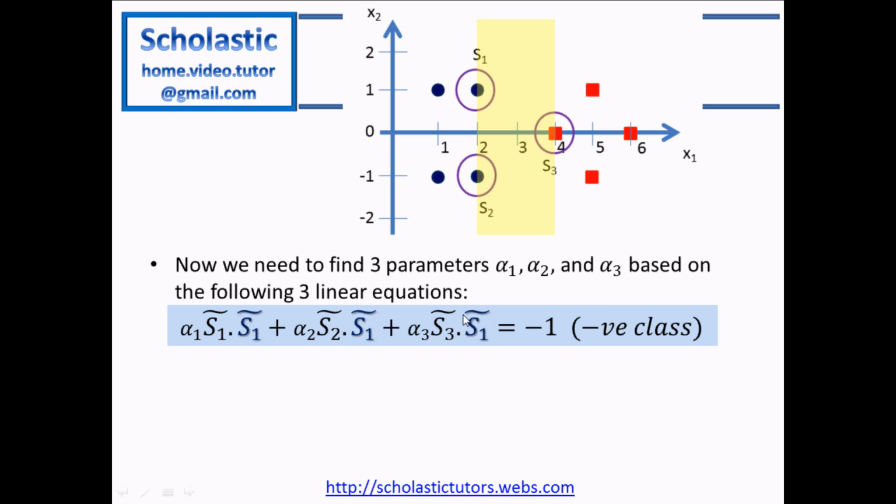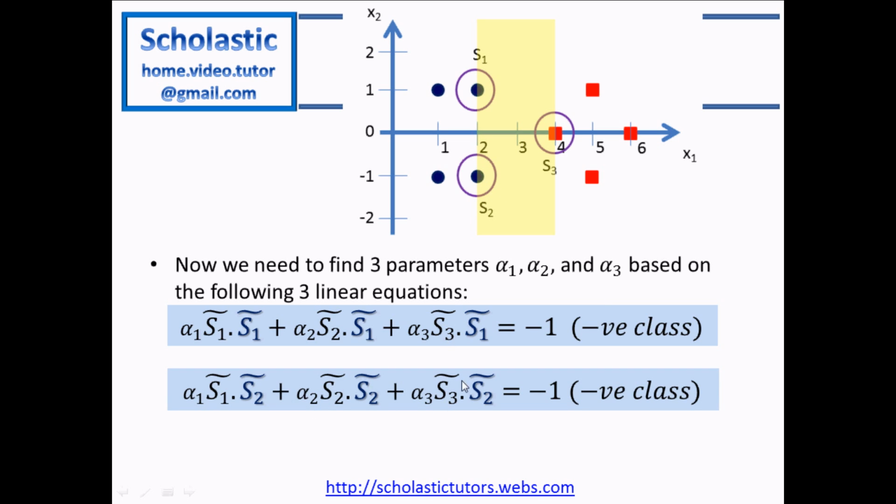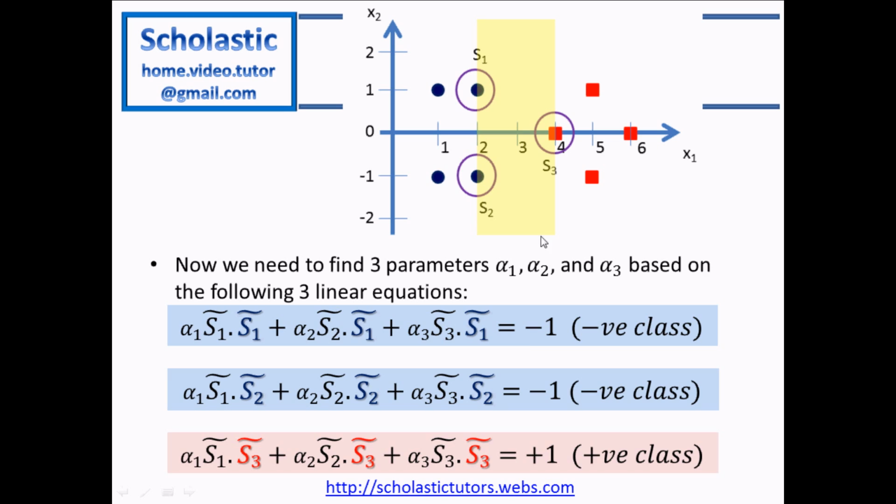Similarly, we take S2, the rest is the same, and we equate it to -1 because this is the negative class. When you take S3, we equate it to +1, and the rest is similar.